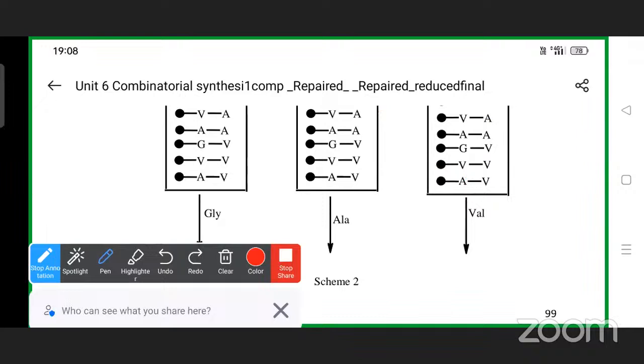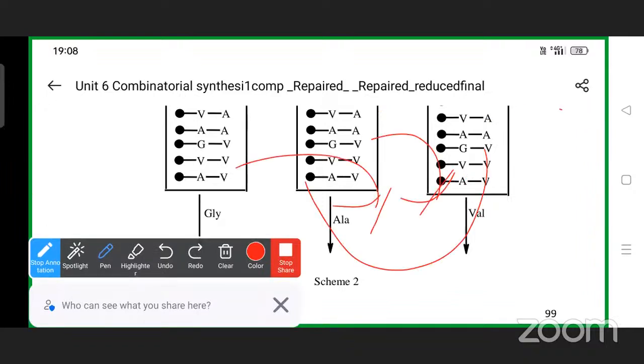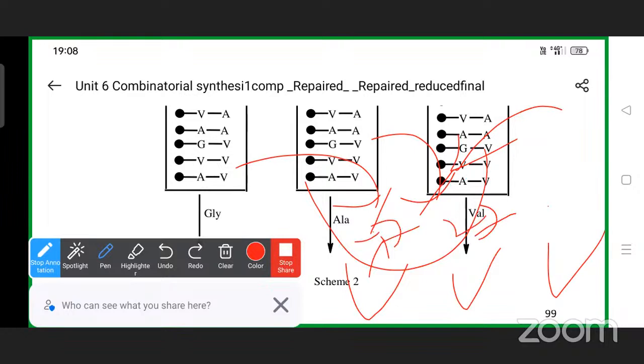So each reaction vessel contains 27 tripeptides. Now you add different amino acids, glycine here, valine here, alanine here, in each reaction vessel, and then you will get the different tetrapeptides, with an increased number of tetrapeptides.